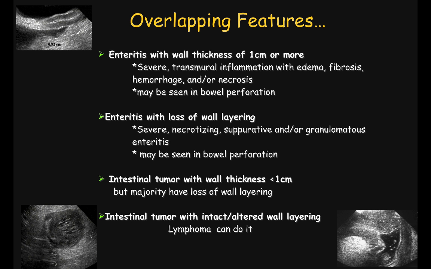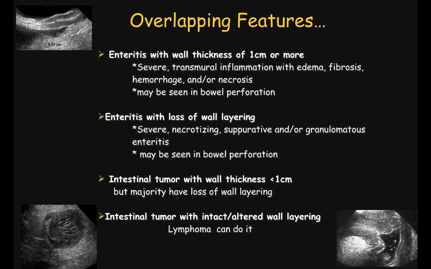Inversely, intestinal tumor may sometimes have a subtle wall thickening and may also at times not have full loss of layering. We have seen an example of that in lymphoma earlier in the lecture.